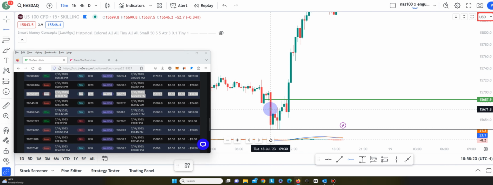So the next trade I entered at actually 10 o'clock. So actually 10 o'clock I entered this trade, and it was at 15668. Let's see where 10 o'clock is here. 10 o'clock is where we still had some consolidation, so the market still didn't take off.